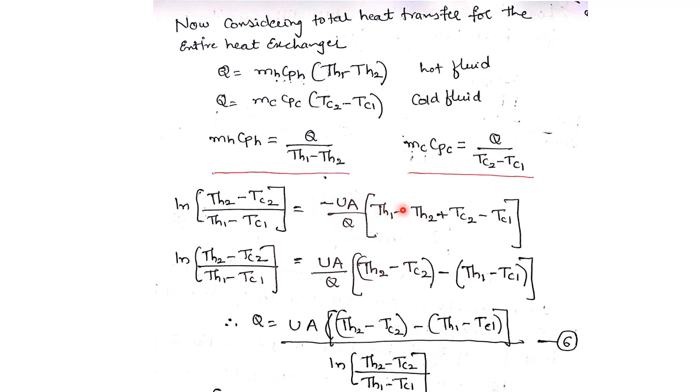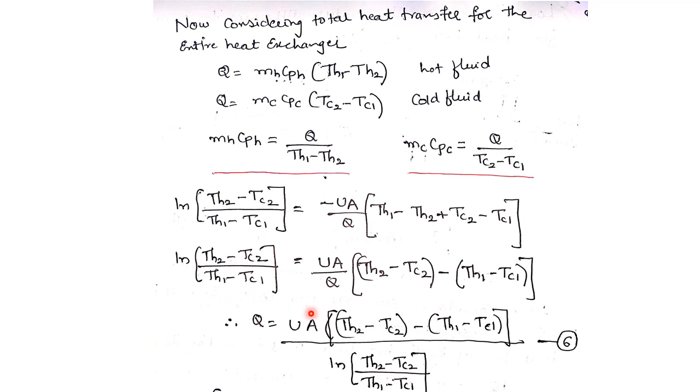So minus into minus becomes plus TH2, this becomes minus TC2, this becomes plus TC1, then this becomes again minus TH1, so UA divided by Q. I have rearranged the terms: TH2 minus TC2 minus, I will take outside, TH1 minus TC1. If I remove these brackets, my equation will be in this form after multiplying with the minus sign, UA divided by Q.